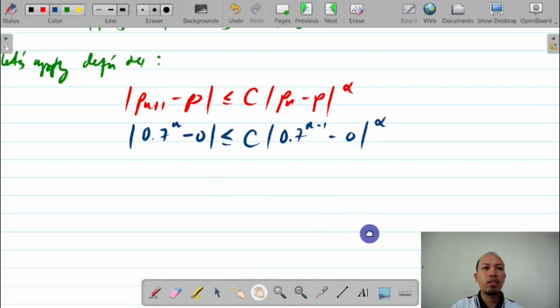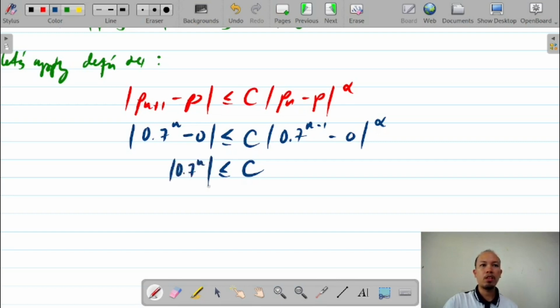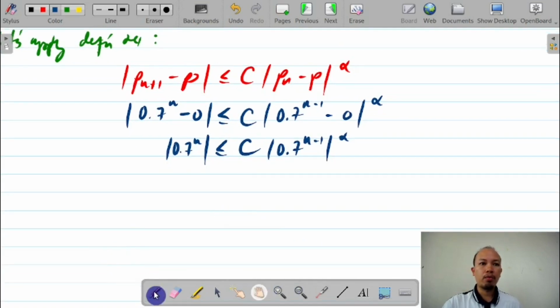Okay, so simplifying, we have the absolute value of 0.7 to the n, and here we have the absolute value of 0.7 to the n minus 1 raised to the power of alpha. We know that our n is a positive integer, so we can remove the absolute value sign.